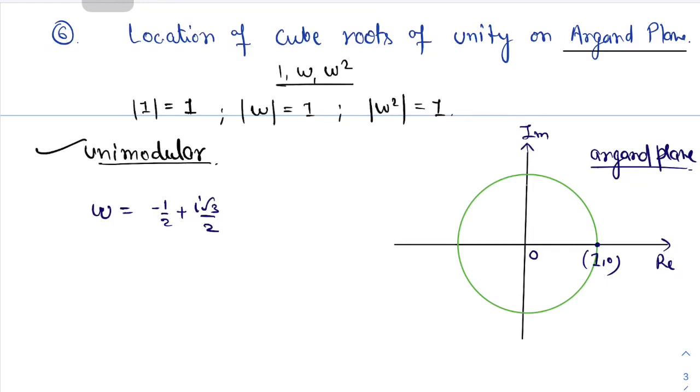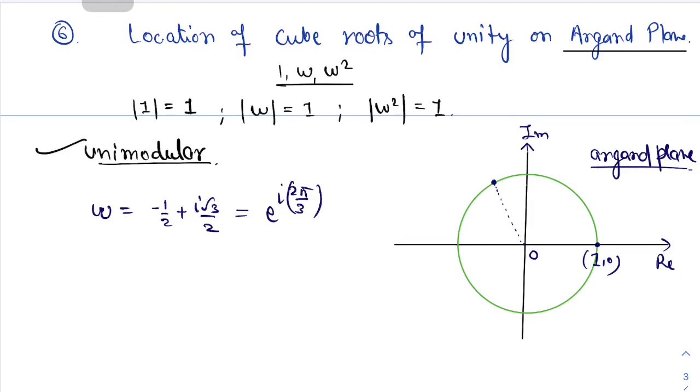So x is negative, y is positive, that means this complex number is in the second quadrant. If I write this omega in Euler's form, I will get e to the power iota 2 pi by 3. 2 pi by 3 means its amplitude is 2 pi by 3, so the angle from the positive real axis should be 2 pi by 3. So it will be somewhere here.